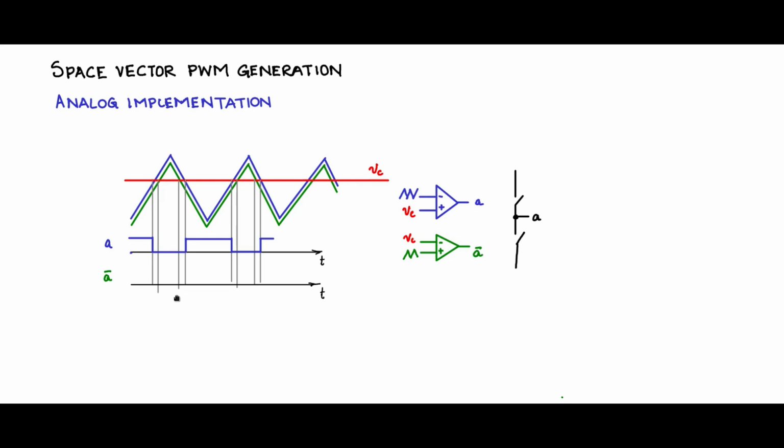Whenever the triangle is higher than Vc, it will be positive. So you see here the intersection points, it will be positive in this fashion, like this.